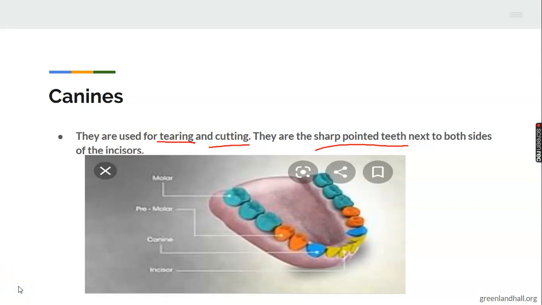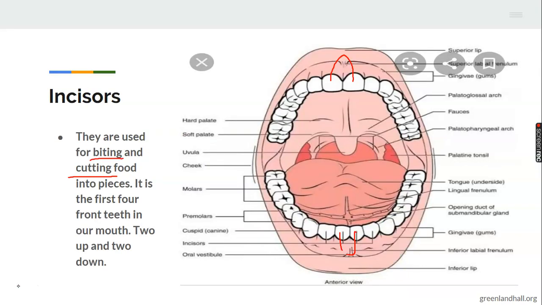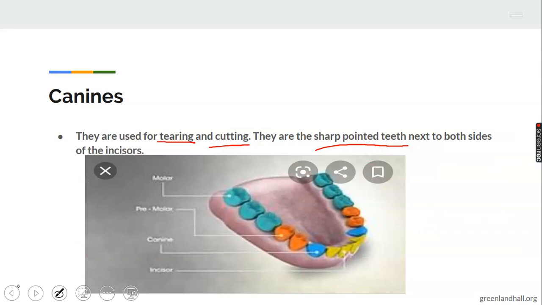So we have the incisors, the first part of the teeth, followed by the canines, like you can see. Look at the canines on the screen. They are the teeth in blue. You see one on each side, the left hand side and the right side. These are the canines. This one painted blue and this one.